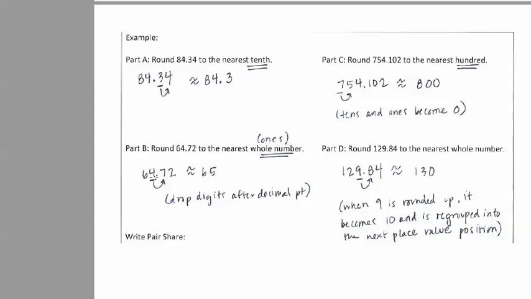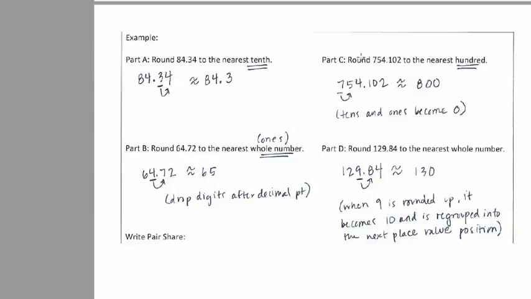If I'm looking at this 4 and I look next door to the tenths, I have 7 tenths. 7 tenths is really close to the next whole number, so I'm going to round up. When I round up, this becomes 65. The 4 bumps up to the next digit, and then we drop the digits after the decimal point. I don't need these digits anymore because it said to round to the nearest ones place, and this is the ones place.